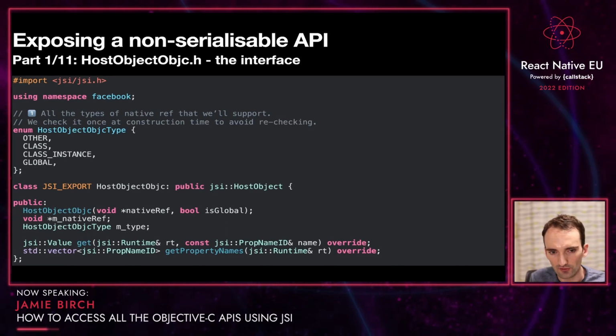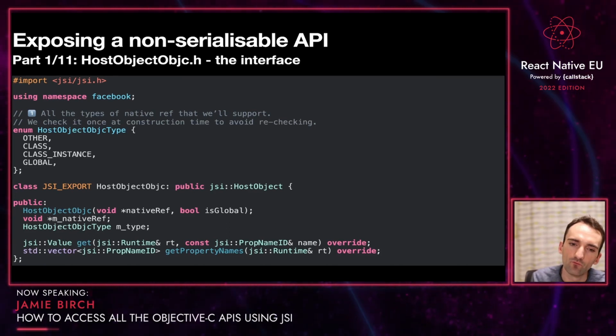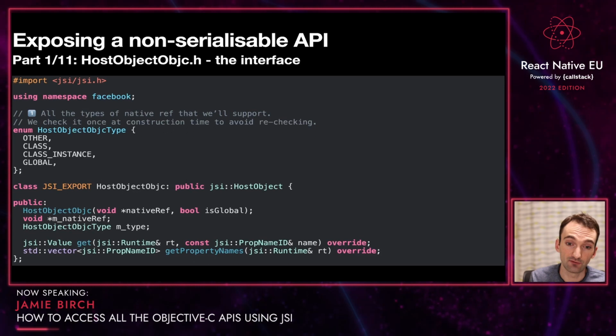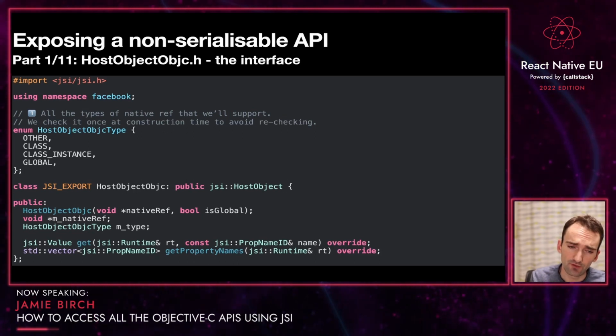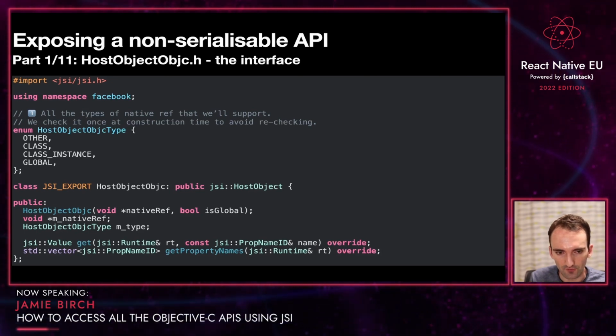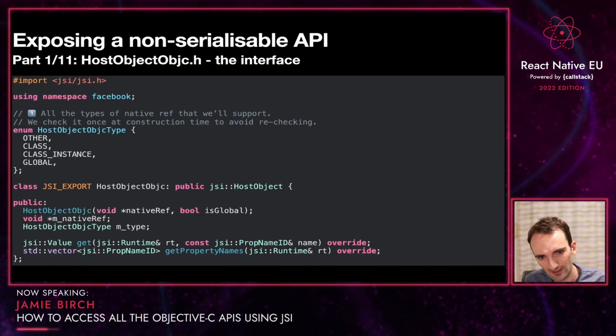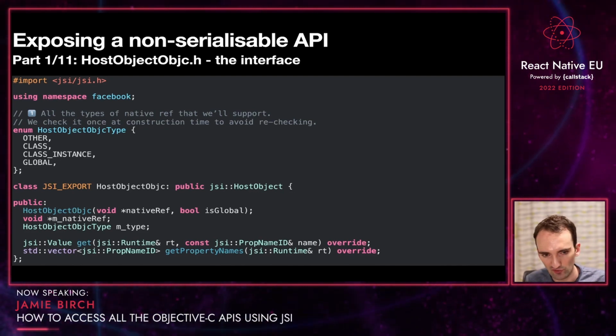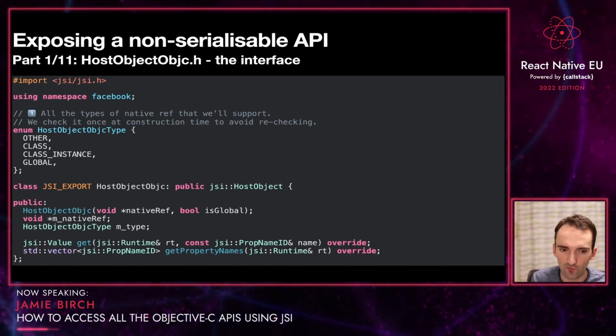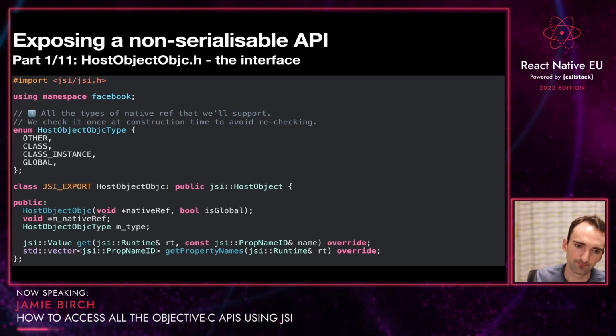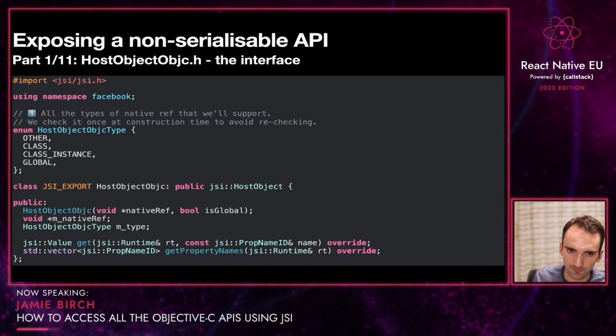We're using void star, kind of catch-all, and then bool as a param to say, is it the global or not? We then have a member variable, that's native ref, and a member variable for the type, so that once we've figured out the type at construction time, we don't have to keep rechecking it during our implementation. And then no changes to the methods implemented.